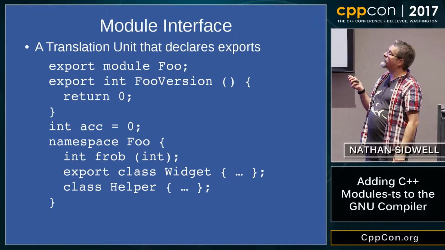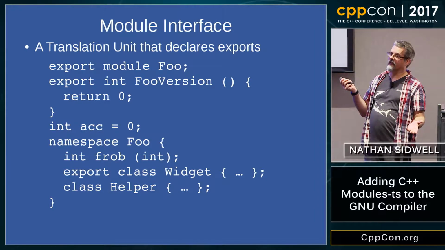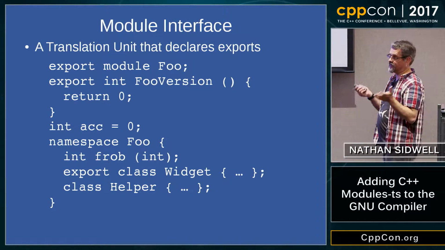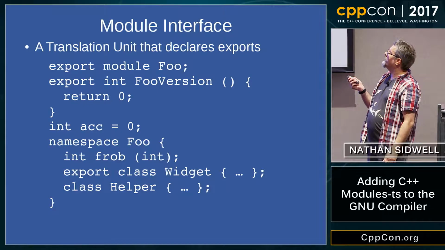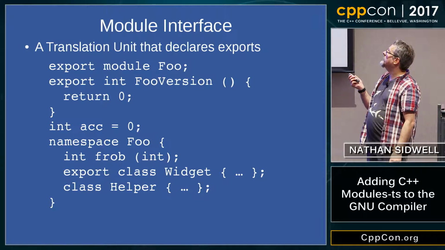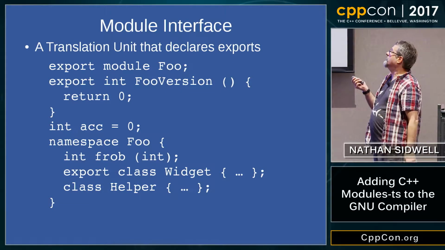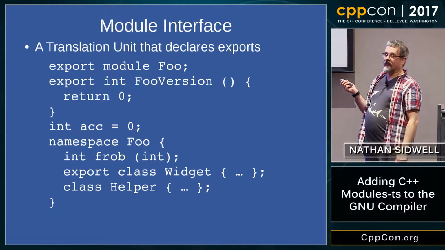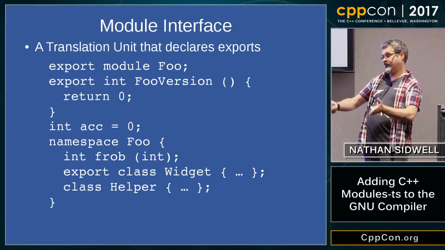See, it's a regular function. It's not an inline function that you'd see in a header file. If this was in a header file, I'd have had to say inline there, or template instantiation or whatever. But I'm making it visible to importers of this module. They can see this function foo version, and it returns an int. Very exciting int. I've got an accumulator variable, and again here I haven't said extern int ACC.